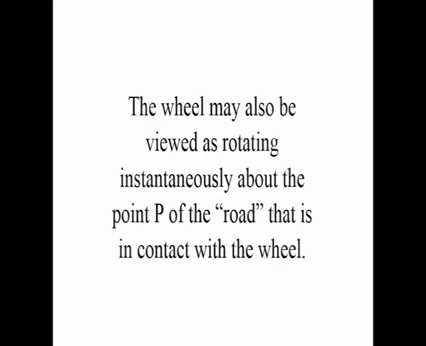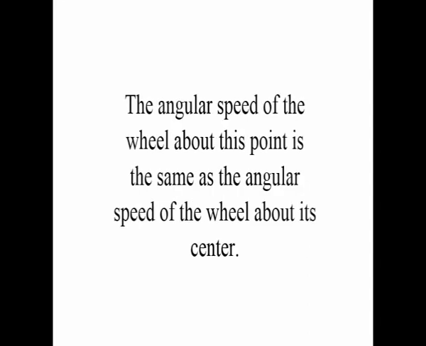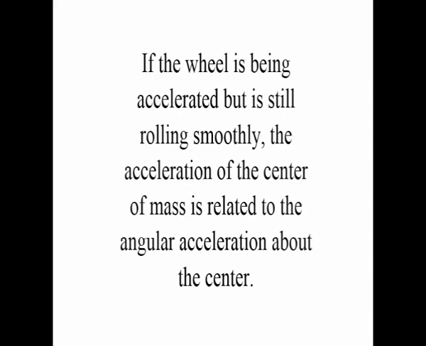The wheel may also be viewed as rotating instantaneously about the point P of the road that is in contact with the wheel. The angular speed of the wheel about this point is the same as the angular speed of the wheel about its center. If the wheel is being accelerated but is still rolling smoothly, the acceleration of the center of mass is related to the angular acceleration about the center.